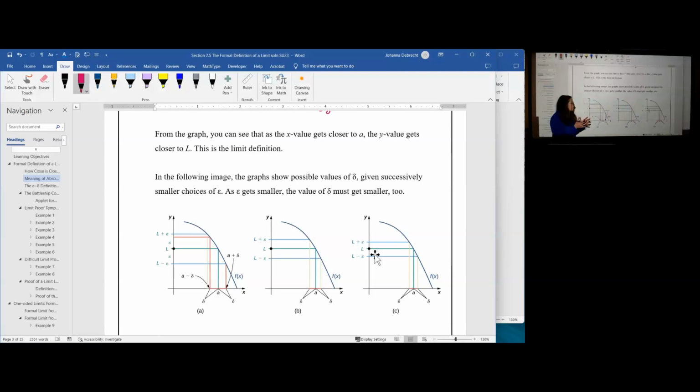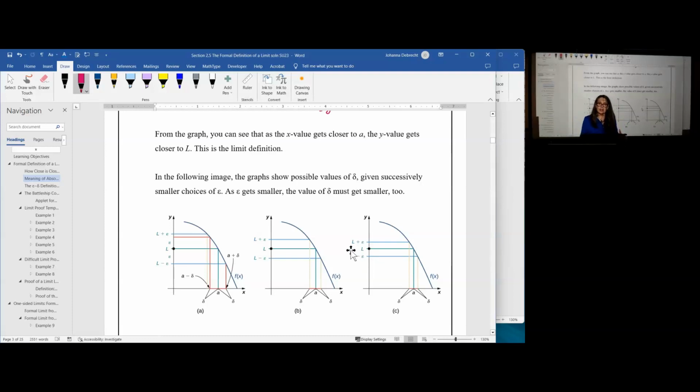As they shrink that, notice that the y values from the edge of our 2 delta interval become closer to the value of L, but they all fit within L minus epsilon and L plus epsilon. In other words, you can always take a smaller delta if a larger one works.